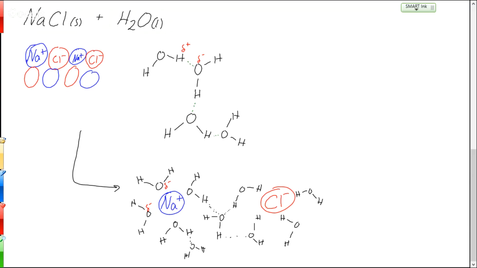So that water network of all the water molecules attracting each other is still there, but they've now fit the sodium and chloride ions into them and made this nice sphere that surrounds them.